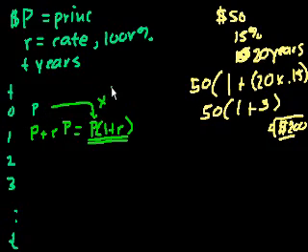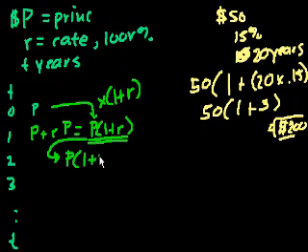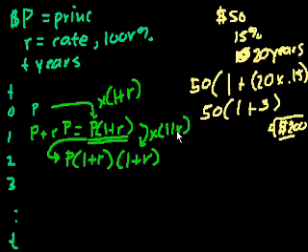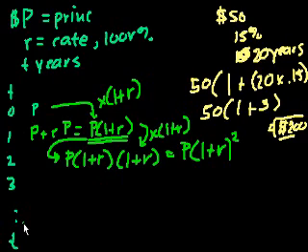So to go into year 2, we start with what we owed at the end of year 1, which is P times 1 plus R, and then we grow that by R%. So we multiply that again times 1 plus R, and so that equals P times 1 plus R squared.